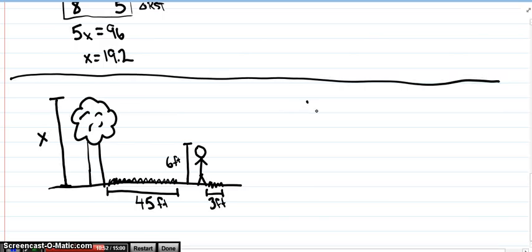So we got X here, and that's the height of the tree that we don't know. And the tree casts a shadow of 45 feet, so X to 45. And that's going to be proportional, or equal, to the height of the person, which is 6. I put both heights on top. And then the shadows both go on bottom, so 3 feet here.